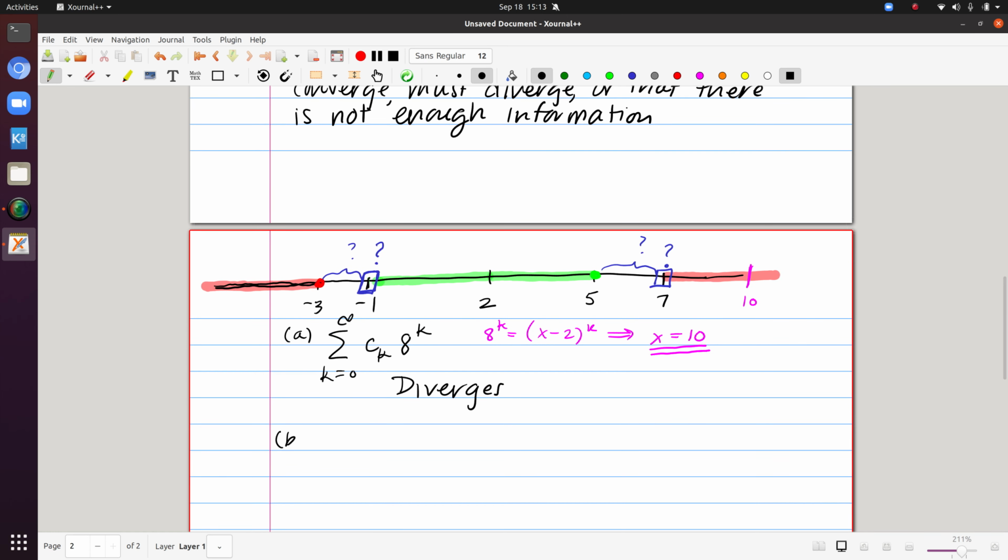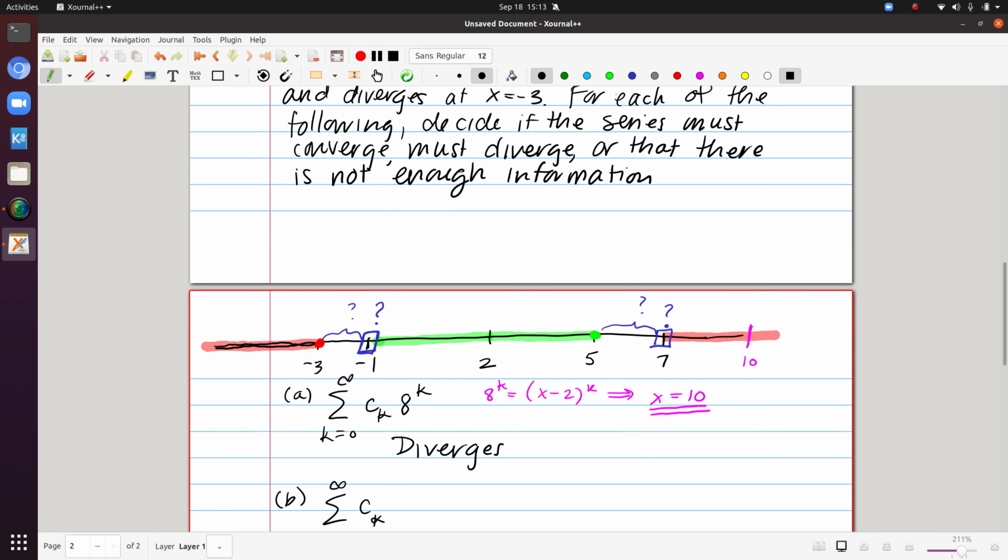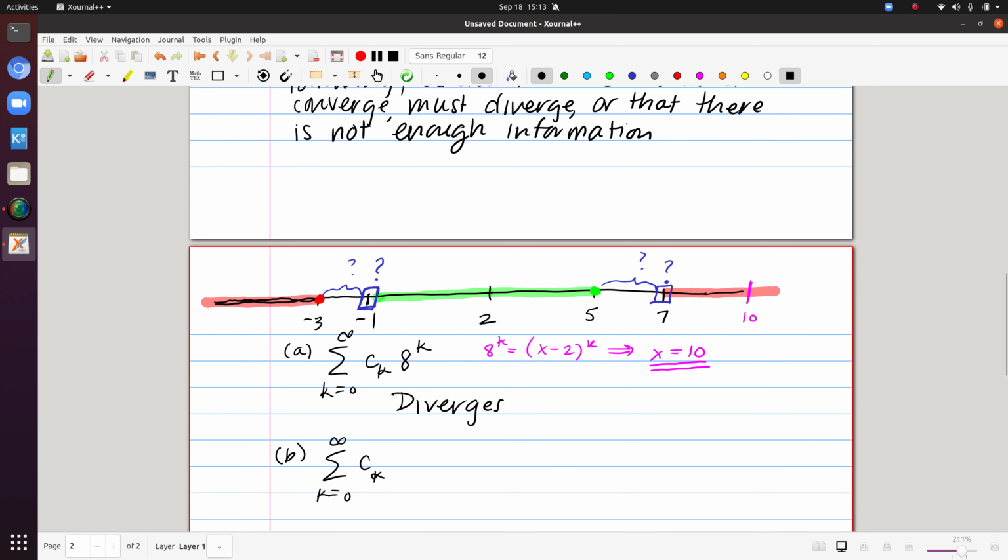Again, I can do a similar approach if I'm looking at the sum from k equals 0 to infinity of c sub k. Notice that in order for this to have come from the power series, we have to have plugged in an x value. And thinking about the fact that I don't see anything here, this is times 1, which I could think of as 1 to the k.